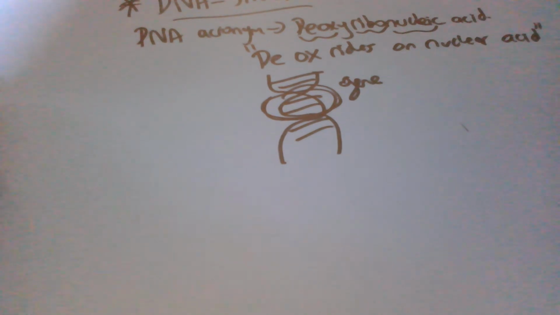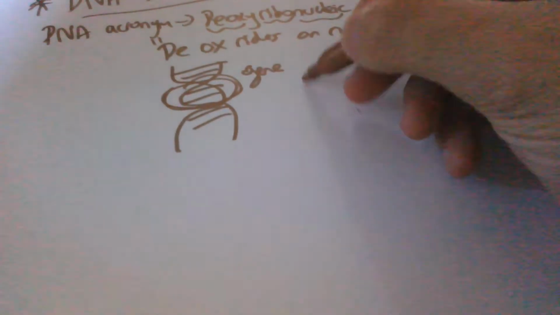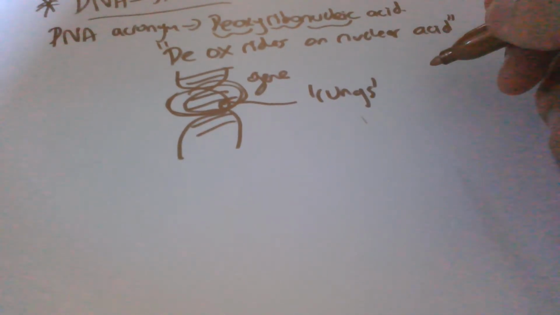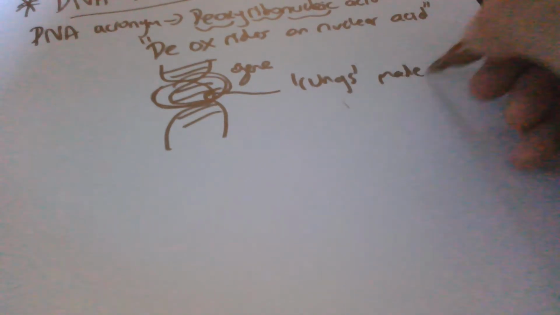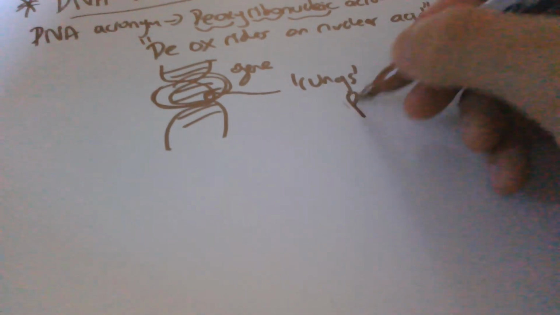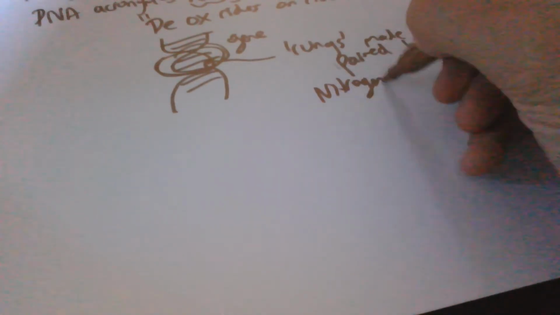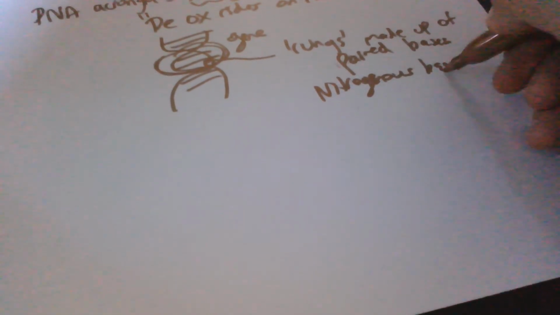The bases, the rungs, remember how I talked about the rungs? Think of them as the things that hold the ladder together, the steps of the ladder. The rungs are made up of paired bases. They're actually bases, these two chemicals, called nitrogenous bases because they contain nitrogen.